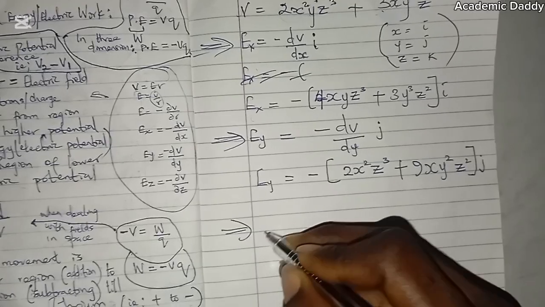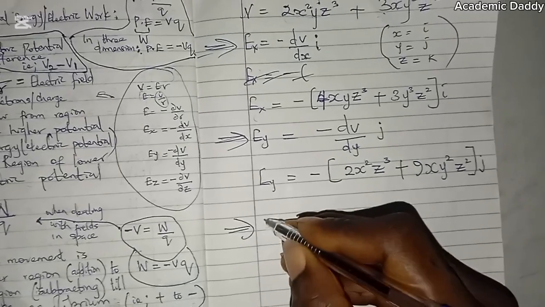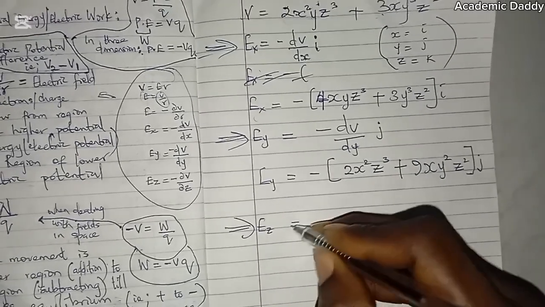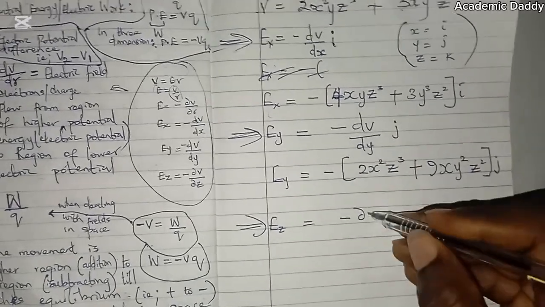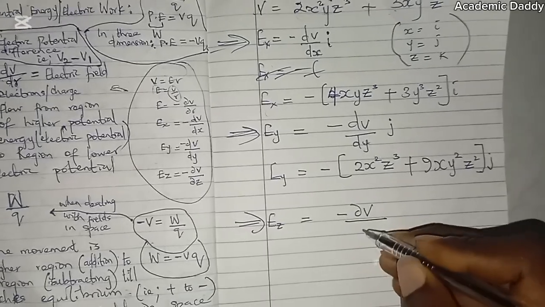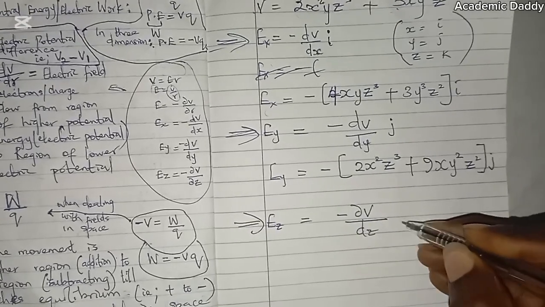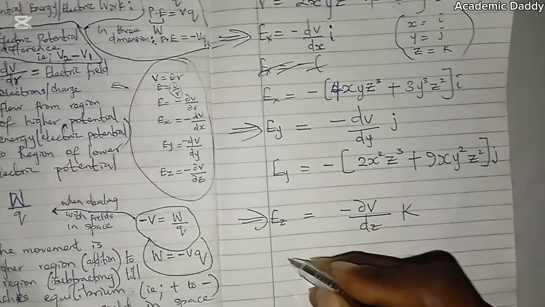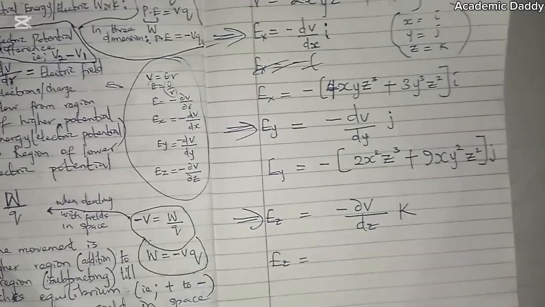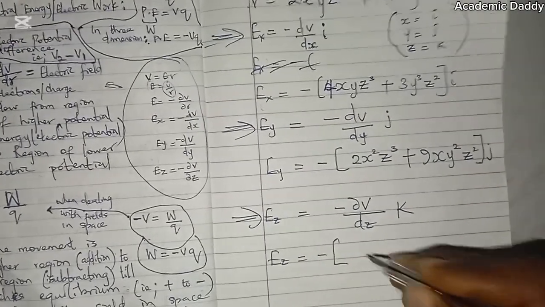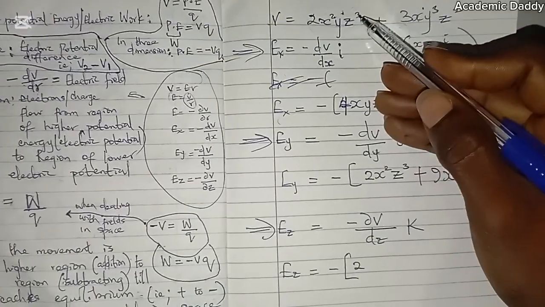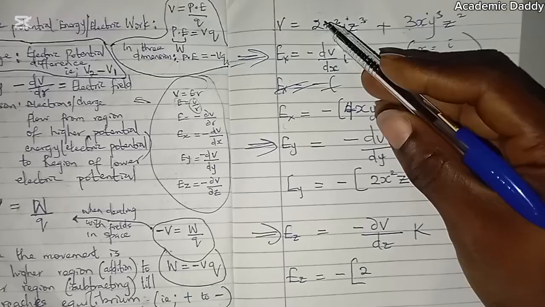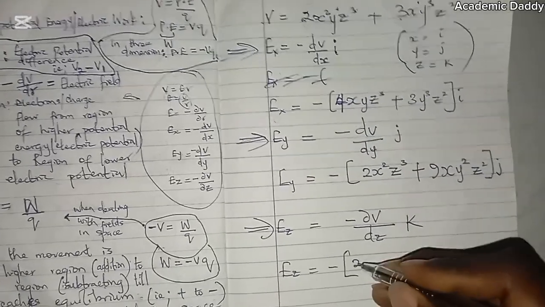So let's move to the electric field on the z-axis. I have minus the change in electric potential with respect to z. I normally write it my own way, like dV over dz. Put k. So on the z-axis, it will now be minus. We have 3 here, 3 times the coefficient 2 is 6.